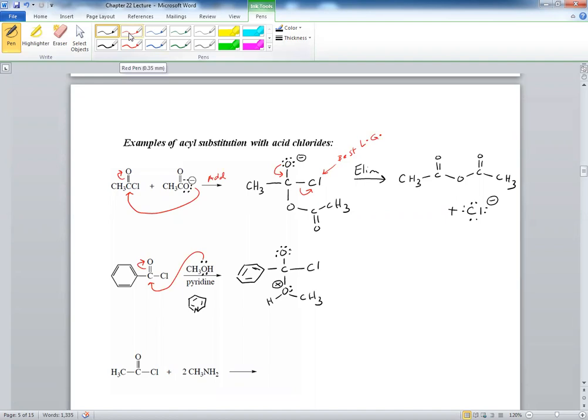So what pyridine is going to do is act as a base to deprotonate in the next step.